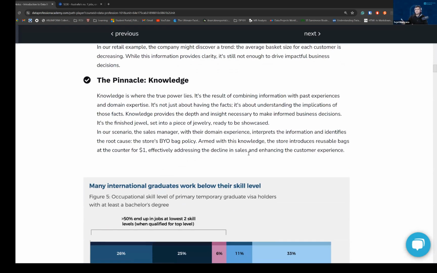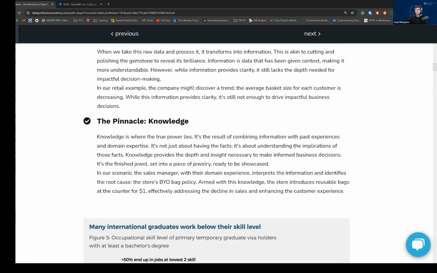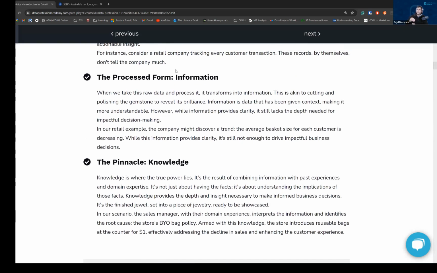So what the action could be is, armed with this knowledge, the store introduces a reusable bag for $1 or whatever it is. And that will probably help them, again, increase that basket size, right? So this is a typical example of how data becomes information, and then information is combined with domain expertise to convert into knowledge.